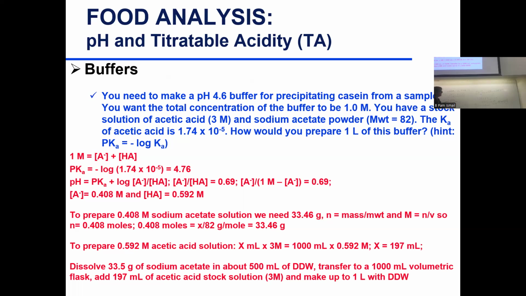So basically you end up with 592 milliliters and 408 milliliters. The only difference in this way is you unify the concentration from the beginning. You prepare 1 molar of the acid, 1 molar of the base, and just find how many milliliters from this I need to add to this to make a liter of 1 molar buffer.